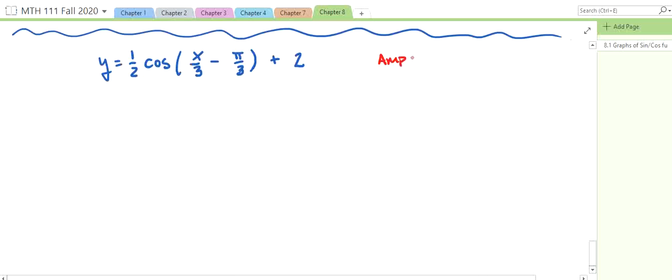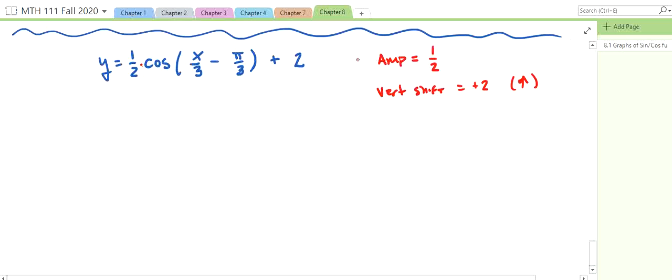The amplitude, well, that's simple. You just look and see what this is multiplied by. So the amplitude equals 1/2. Our vertical shift equals 2, and it's positive, so essentially it's going to push the whole function up 2.